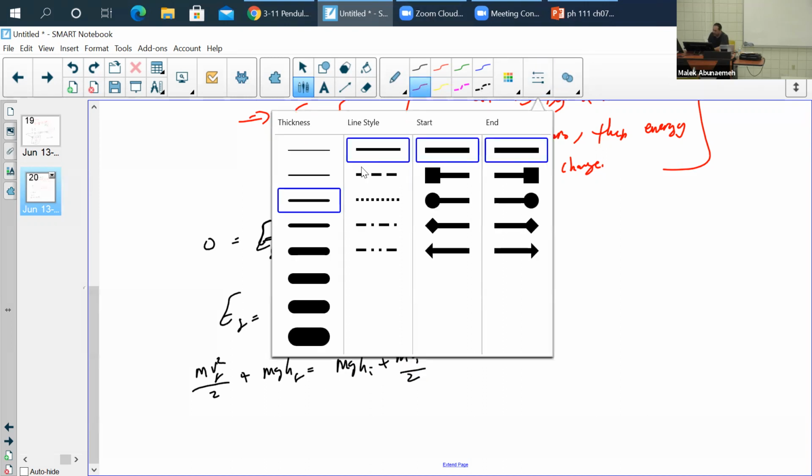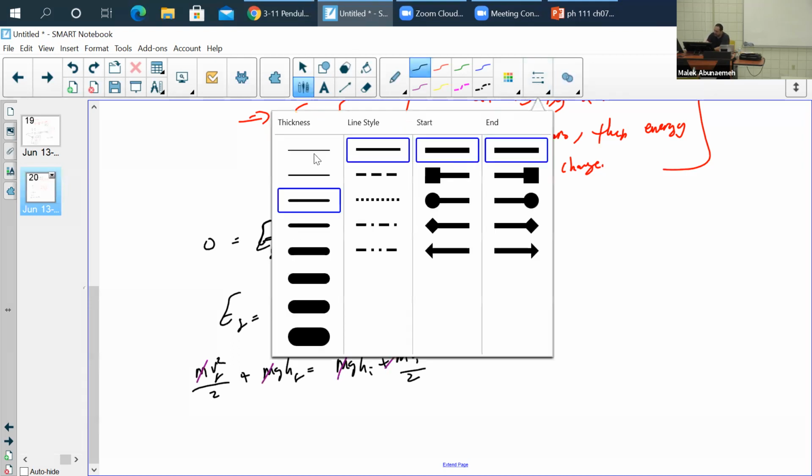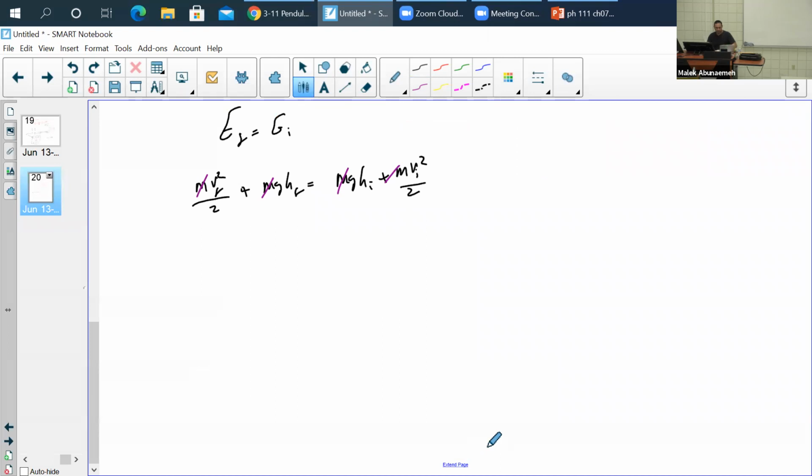Now, if you notice that our masses can cancel out, so what we have left is v final squared over 2 plus g h final equals g h initial plus v initial squared over 2. Oh, no m's.